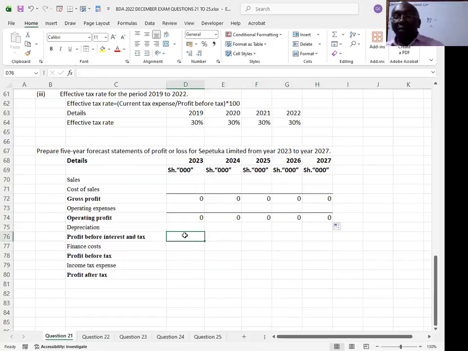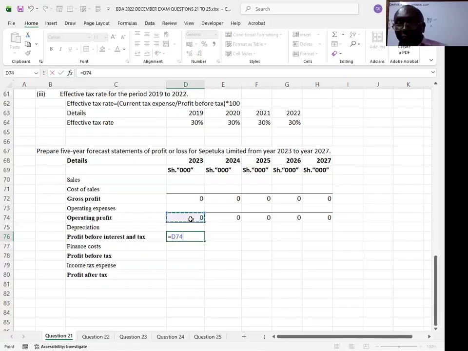Tukuje kwa profit before interest and tax. Profit before interest and tax will be given as the operating profit minus the depreciation. Press enter.